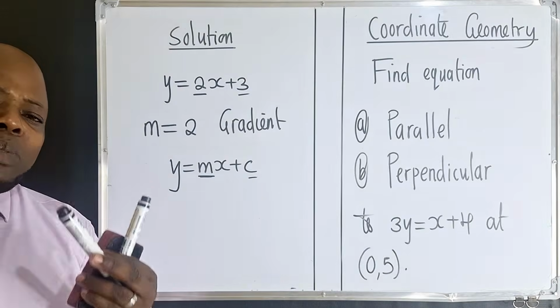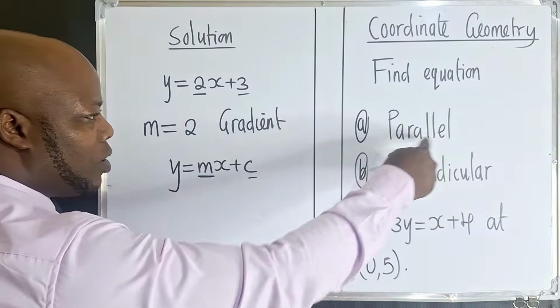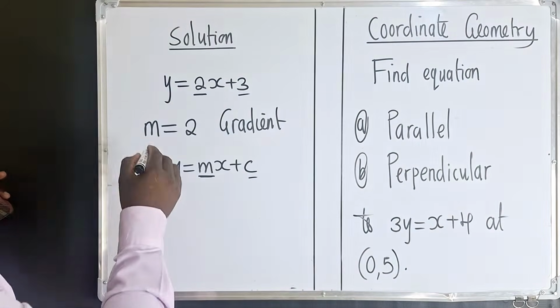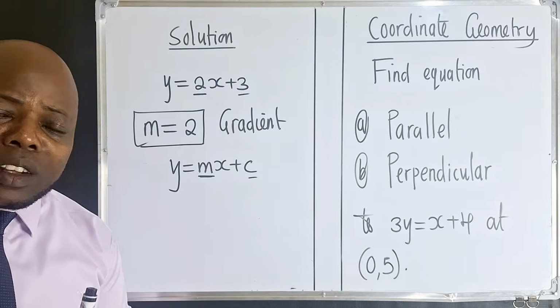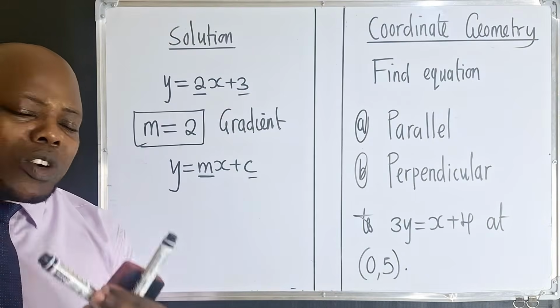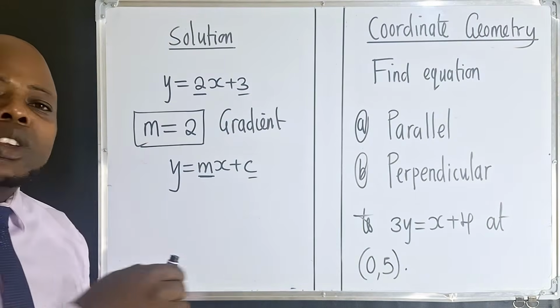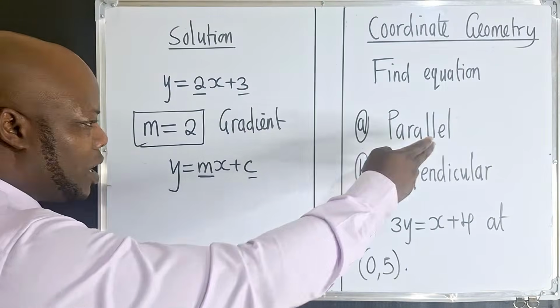So there is another point which you need to consider. For an equation that is parallel to some other equation, we use the gradient of the original. I don't know if you understand. We don't do anything to the gradient. We just pick that gradient and then use the point to find the equation that we are looking for when it comes to parallel.